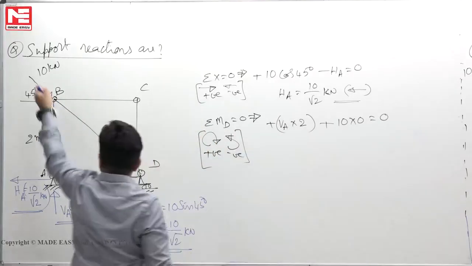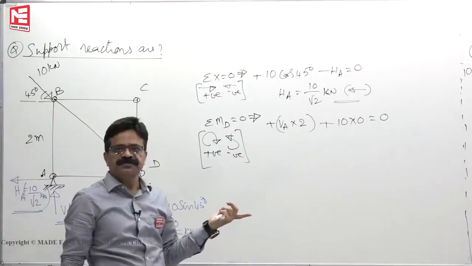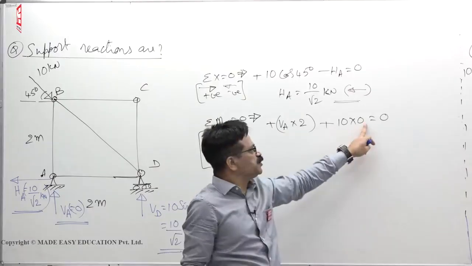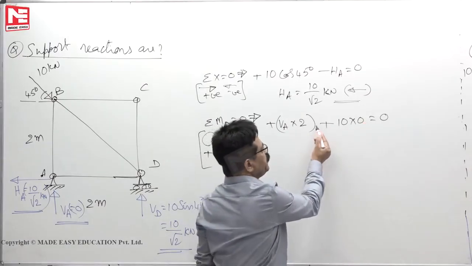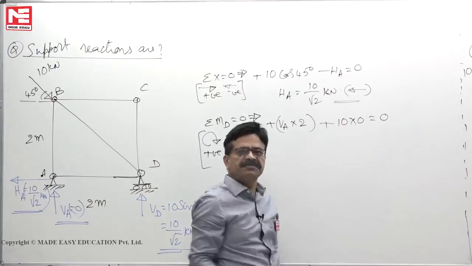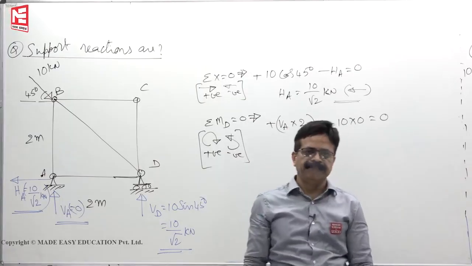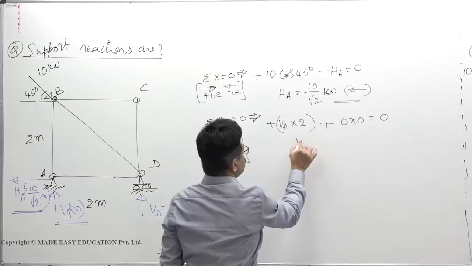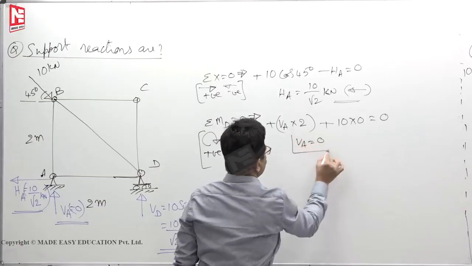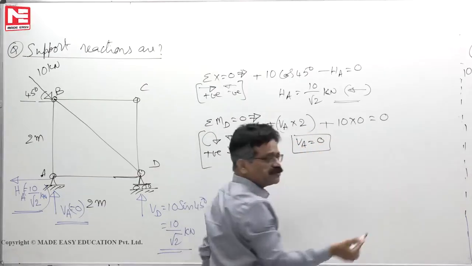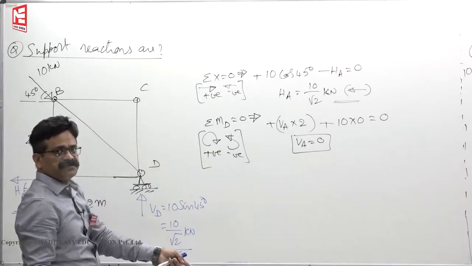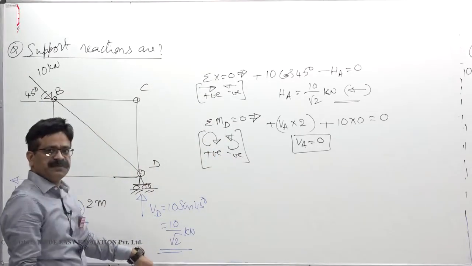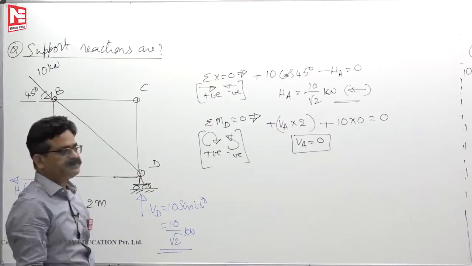Shall we write plus 10 into 0 or minus 10 into 0? Once it is 0, whether it is plus 0 or minus 0 doesn't matter. So VA now has to be 0. But to get this, we should not do so much and write VA as 0. By inspection itself, 10 into 0, then plus VA into 2 is equal to 0.